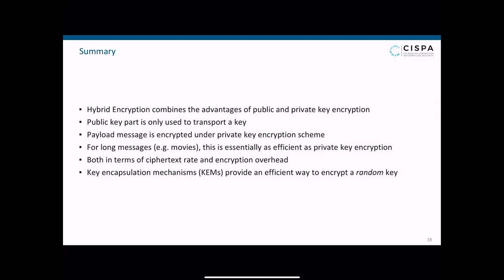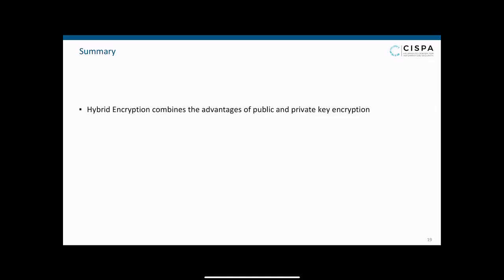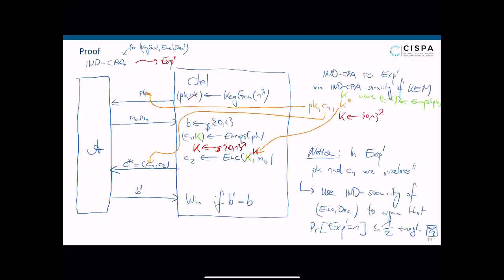There's someone still asking a question. Is it not a problem that we use the red K in Enc and output the green K to the user with Encaps? Let's go here. We're not outputting the green key K, right? So we're either using the red key or the green key to encrypt the message MB. In the INCPA experiment, we're using the green key, whereas in X prime, we're using the red key.